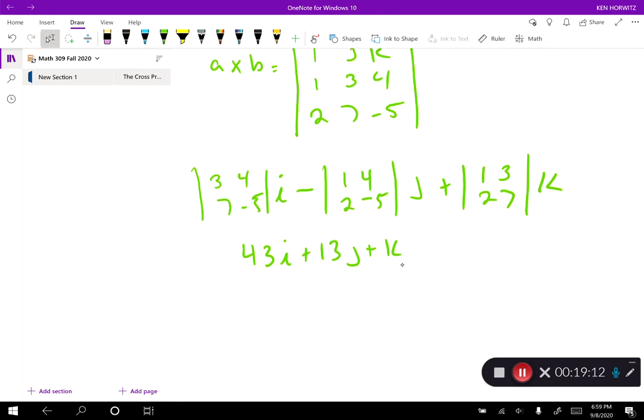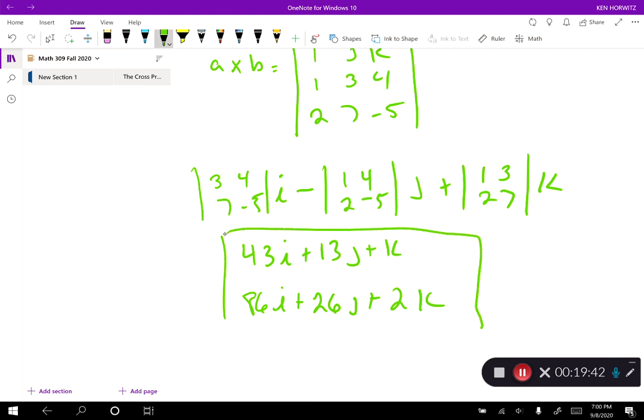So if I were to take this vector and get a parallel vector, it should still be orthogonal to both A and B. So how do I get a vector parallel to this one? Simply a scalar multiple. So I'm going to do a very easy scalar multiple, multiply times 2. So I get 86i plus 26j plus 2k. And here are two vectors orthogonal to both.